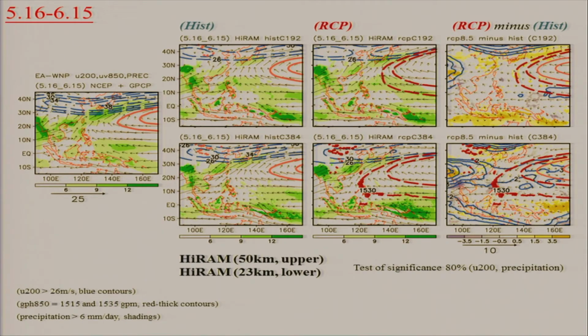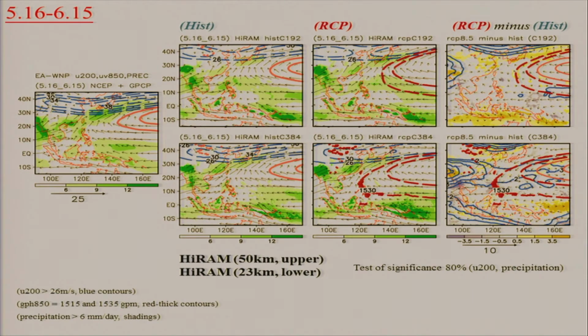And these two differences should correspond to the evolution of the Pacific high as well as the upper level jet. You can see in the 50 kilometer future climate, the Pacific high has a ridge over the Taiwan area. However, in the higher resolution, in the early summer, the high ridge is still over the South China Sea and the Philippines.